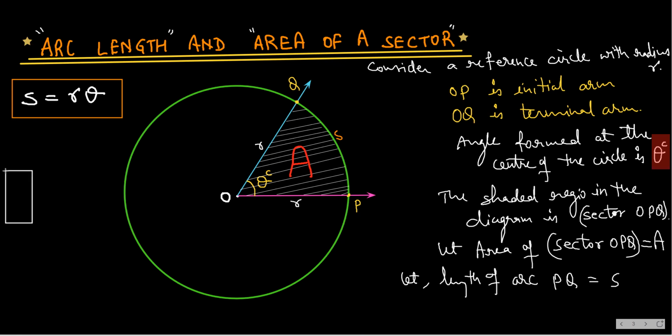Okay. Then I will go for the area of the sector. See here, I will write the formula for the area of the sector. That formula is also very simple. A equals 1 upon 2 into R square into theta. You know what R is? R is the radius of the circle of which the sector area you are interested in.